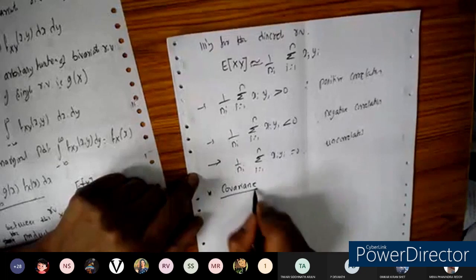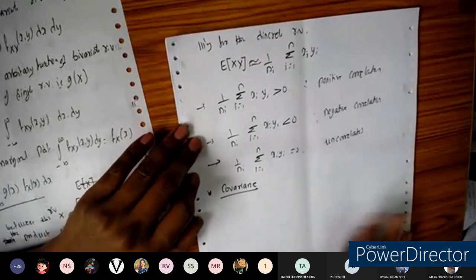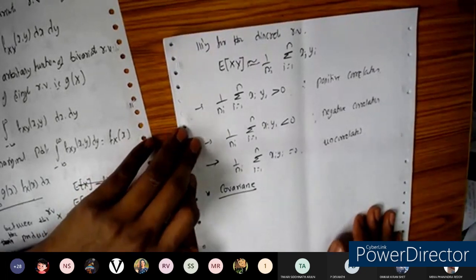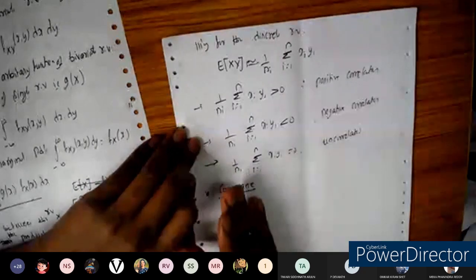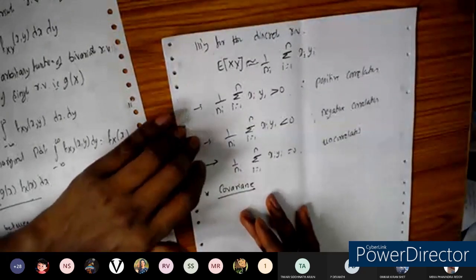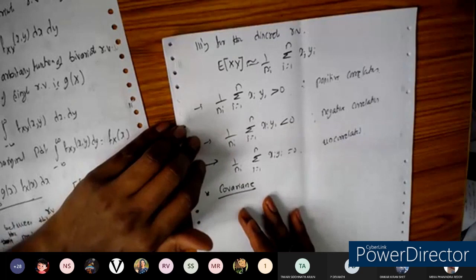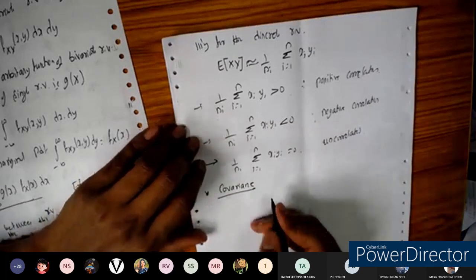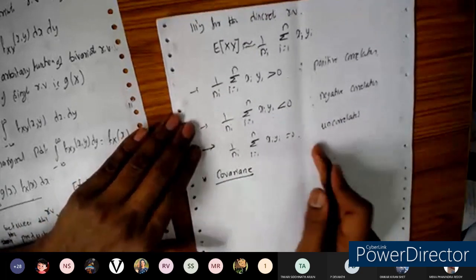Let us see the covariance. We have seen the variance, which is the difference between the random variable x and its mean. Similarly, we are going to see the covariance.